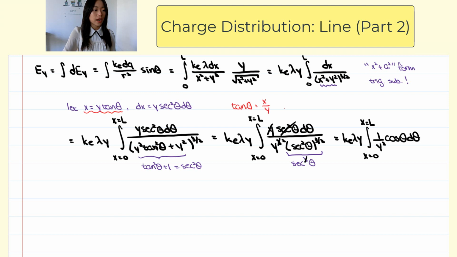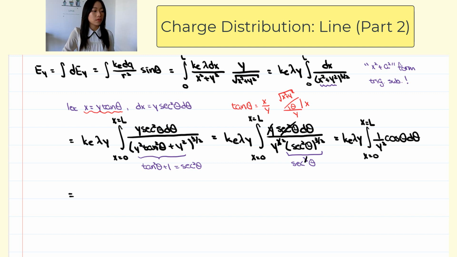So if we draw a triangle, here's the theta. Tangent theta is x over y, so the opposite is x and the adjacent is y. Then cosine theta would be adjacent divided by hypotenuse. The hypotenuse here is the square root of x squared plus y squared.